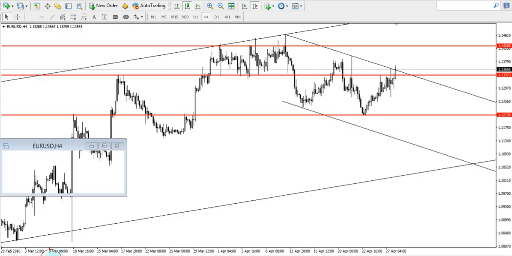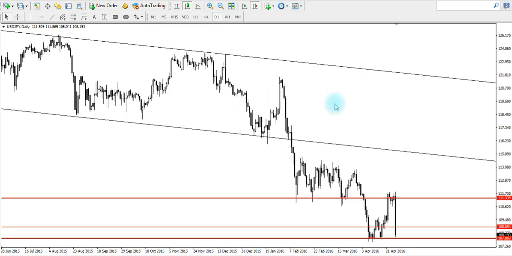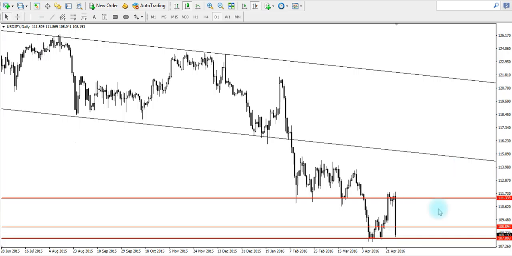Next, let's move on to the dollar against the Japanese yen. Day chart itself, we've seen that the price has tumbled as the Bank of Japan disappointed the market with no additional stimulus and is closing up to previous low at the major support level of 107.89.